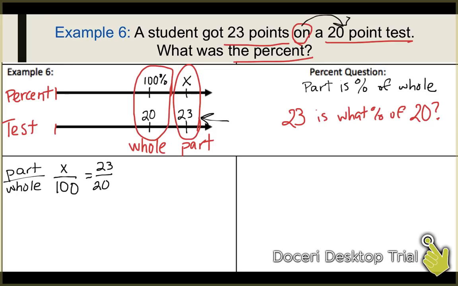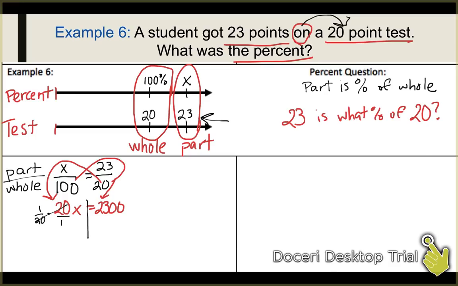So now I can use solving my proportion. I have 20 times x is equal to 20x. And now I have 100 times 23, which gives me 2300. And I can solve for x. In this case, I'm going to multiply by 1 over 20, which is the multiplicative inverse.